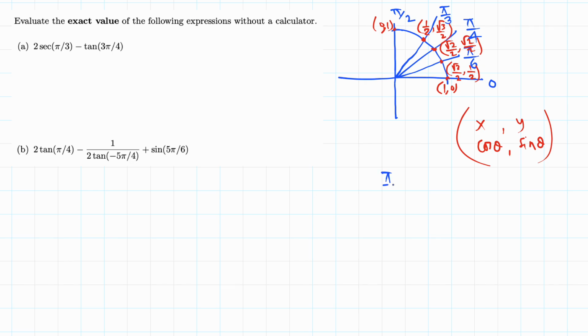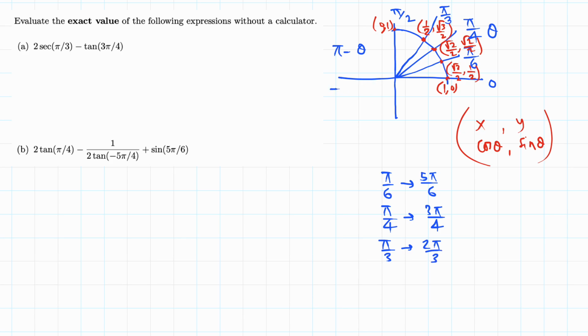So when we have pi over 6 in the second quadrant, we get pi minus whatever the angle in the first quadrant, that's theta, pi minus theta. So pi over 6 becomes 5 pi over 6, pi over 4 is 3 pi over 4, and pi over 3 is 2 pi over 3.